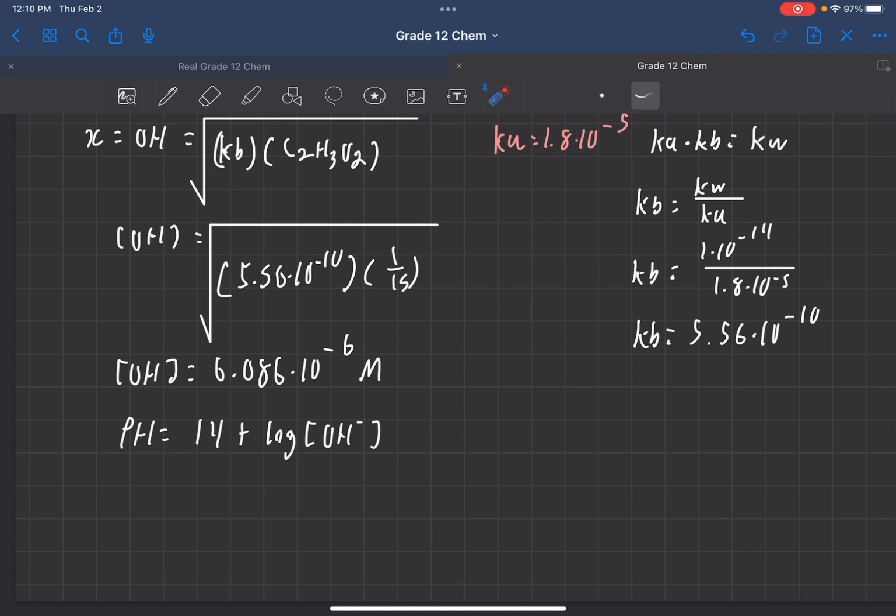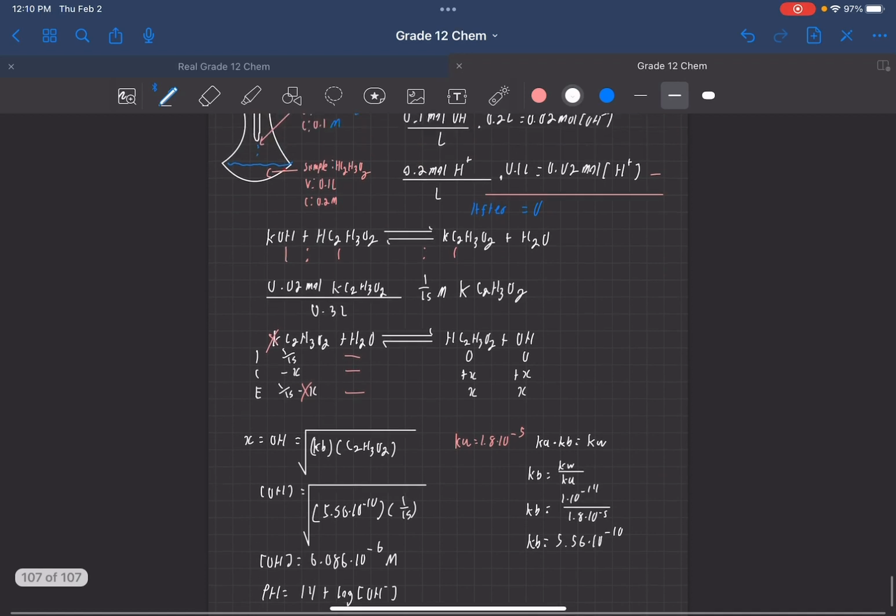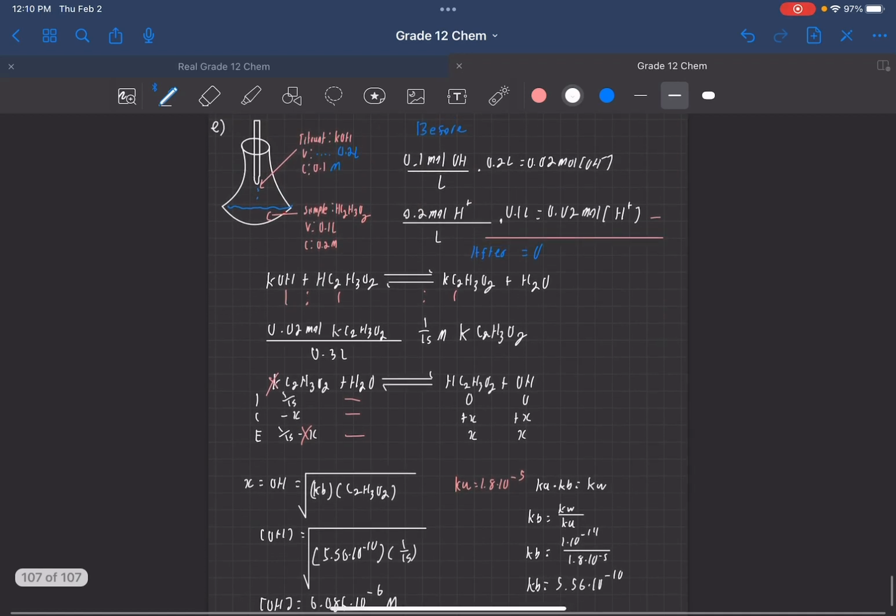And this is our hydroxide concentration. We just plug it in there. So 14 plus log of that. And we end up getting a final pH of 8.78. So that is the pH at the equivalence point when all of the titrant and the sample have reacted with each other. So when we added enough titrant to react with the acid.